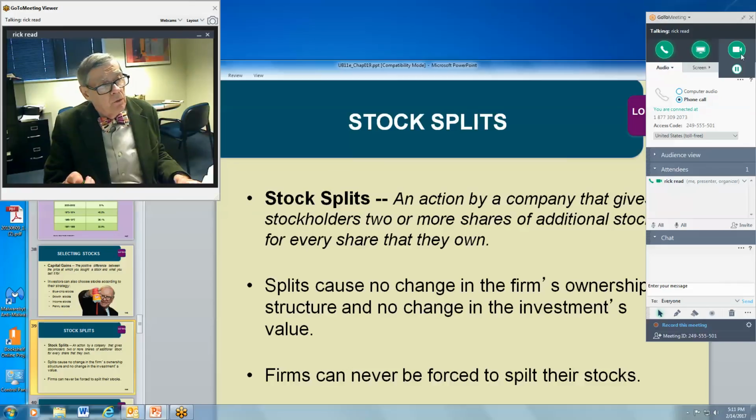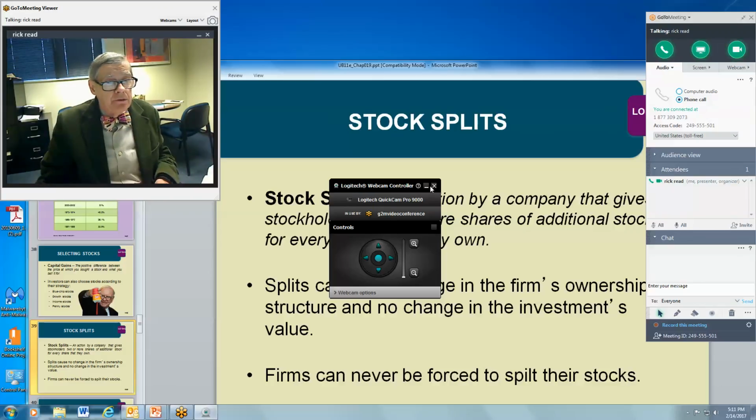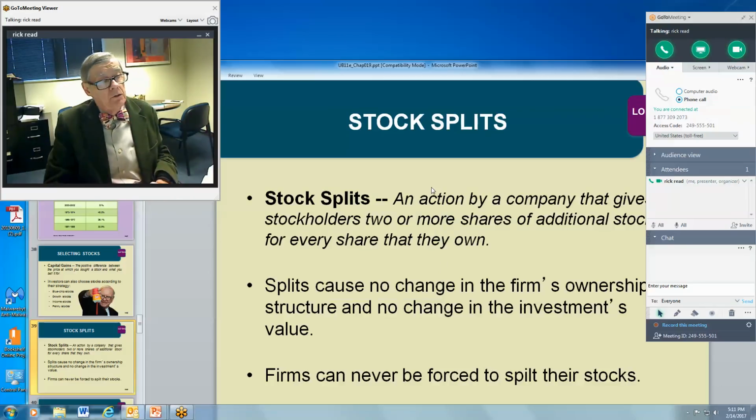Does that mean that you now have 200 shares of stock worth $10 a share? No. Most likely you have 200 shares of stock worth $5 a share, or that $1,000 again. So it just means that you own more stock. However, over a period of time, you're hoping that stock will increase, and so then the value will go up.